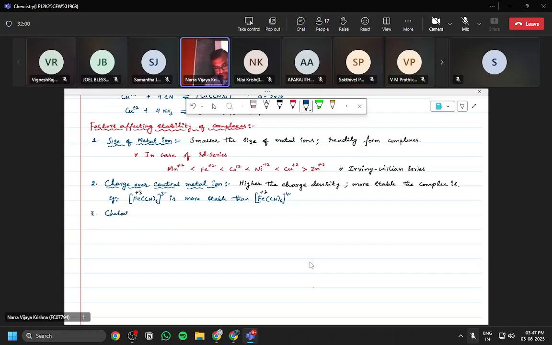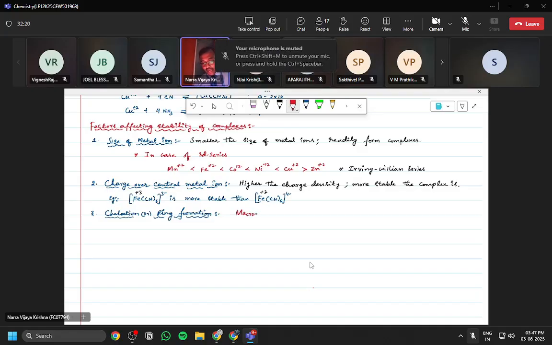3. Chelation, or we call it ring formation with ligands. We also call it the macrocyclic effect.